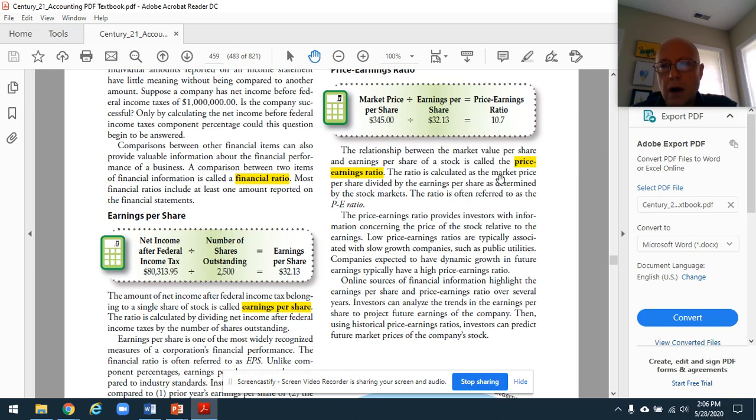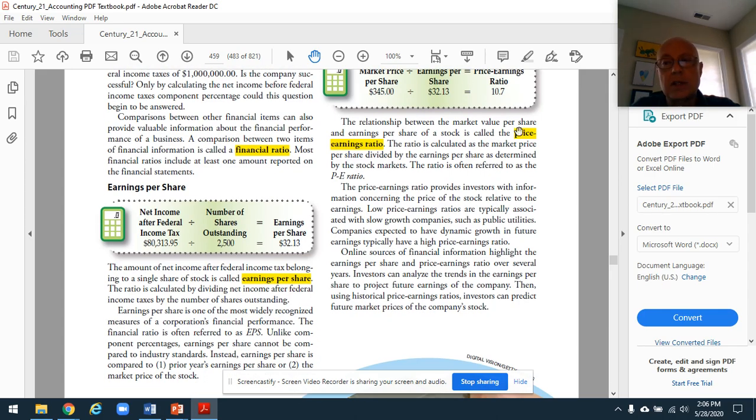So you can compare a petroleum production company to a retail organization to a tech firm using the P/E ratio, and you can get an idea of which one is the better investment. This is an index. It normalizes the performance of the company. The P/E ratio is the market price of the share divided by earnings per share that you just calculated here, and you get an index.